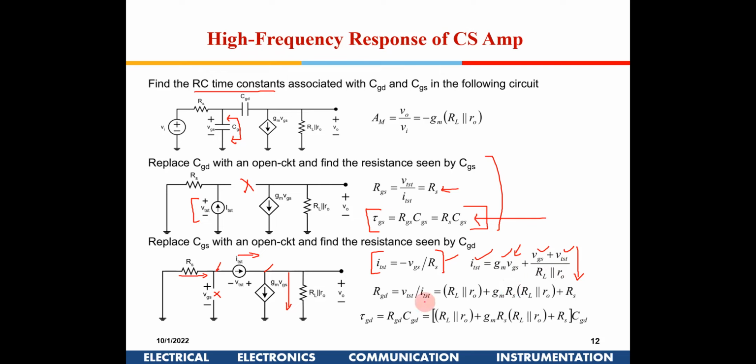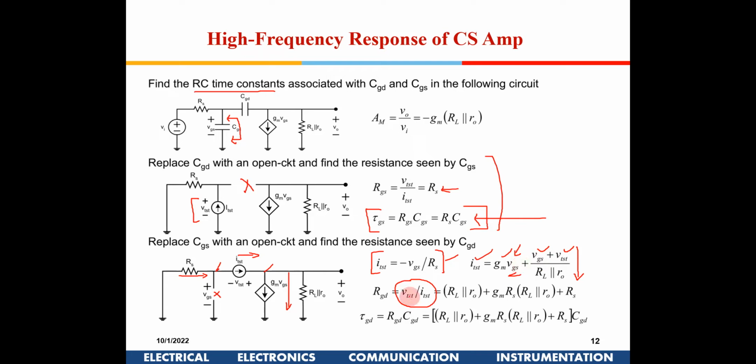If I try to find out from these two equations V test by I test, here I have VGS, right. So I am going to substitute this VGS by I test by RS, and here also I am going to substitute it by I test by RS.